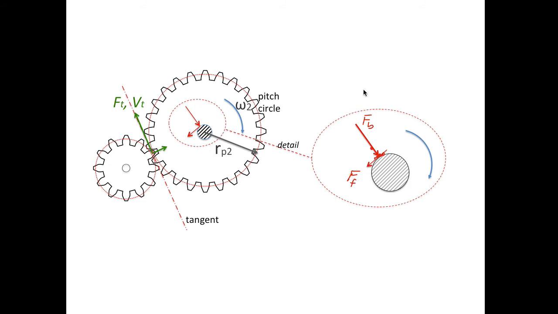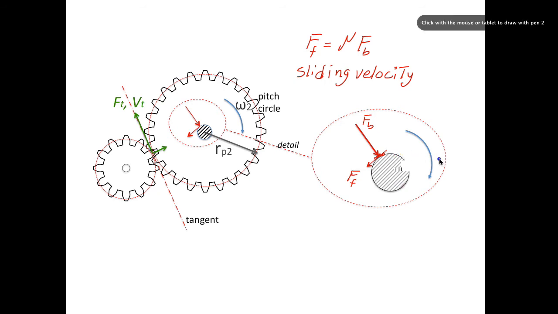Well, for power, remember, we have F sub F equal to mu, the coefficient of friction, times F sub B. And it's going to have a sliding velocity. And what is that? That's because this bearing is spinning like so with omega 2.